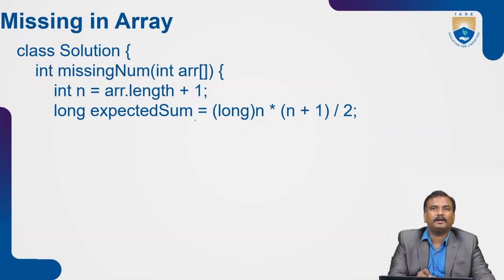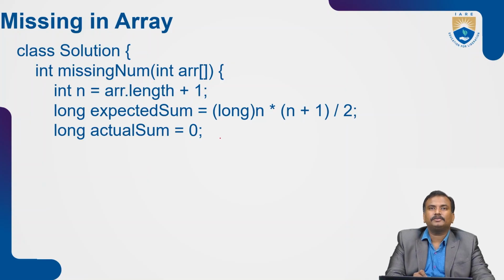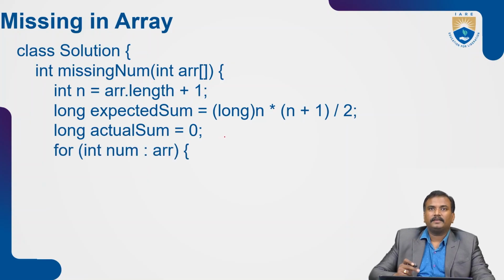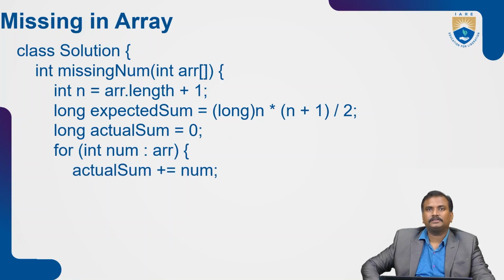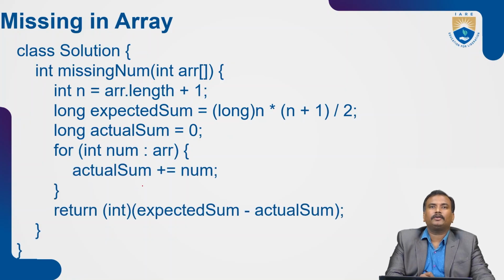Long expected sum is equal to long of n into n plus 1 by 2, and long actual sum is equal to 0. The same method, actual sum is equal to actual sum plus number, and finally we are going to return an integer. We need to return only an integer. We are converting the long value into an integer, expected sum minus actual sum.